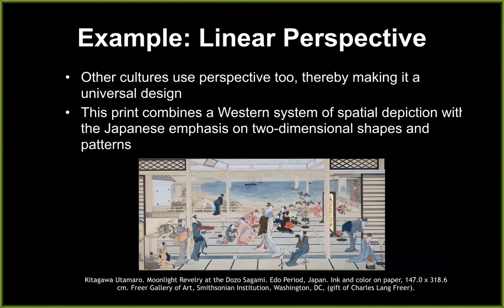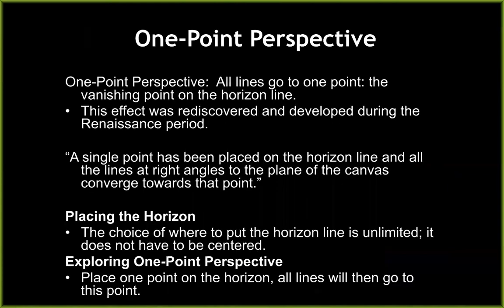If you look at the lines on the floor, they're all angled at an angle that eventually causes those lines to meet out there on the horizon. And the artist is also using size and some of the other aerial perspective, some of the other techniques to establish a sense of depth in this painting.